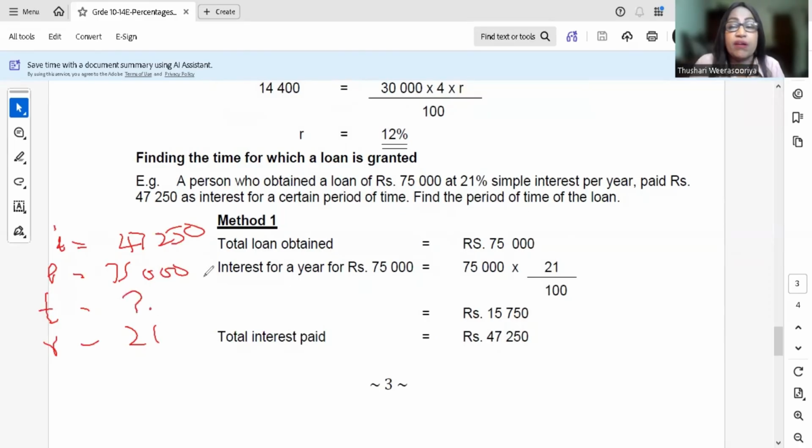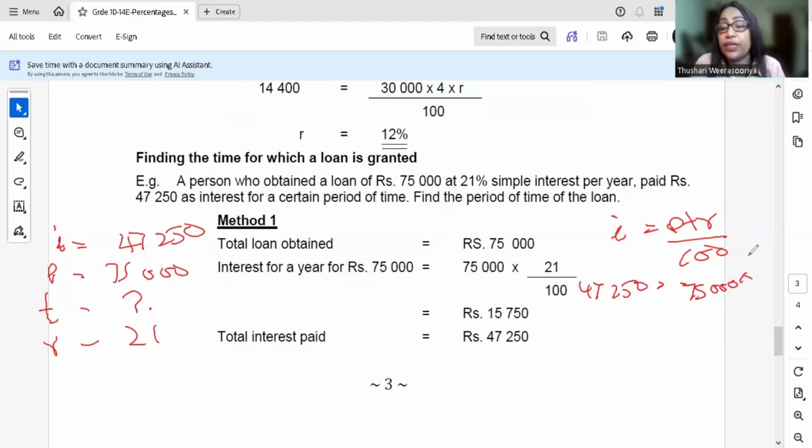They're asking for time. They have the machine. What is the machine? I equals PTR over 100. Put the values, just substitution. I assume you know substitution very well. 75,000 into T. We don't know T. What is R? 21 divided by 100.